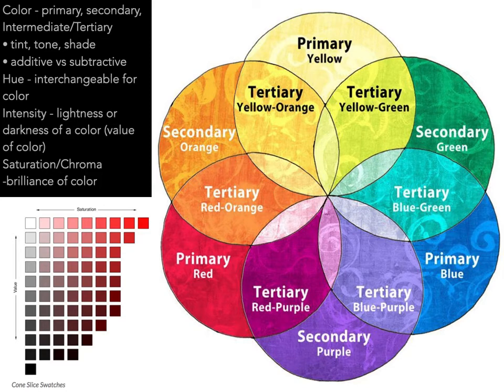The saturation or the chroma is the brilliance or the brightness of a color. It might be muddy or dull if there's a lot of gray in that color. If there's lots of pigment and it's super bright, like the first red here, all on its own, over on the right hand side, that red has lots and lots of pigment.